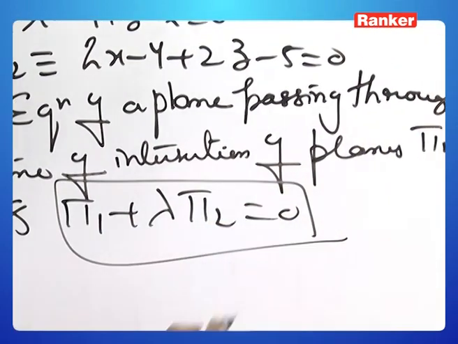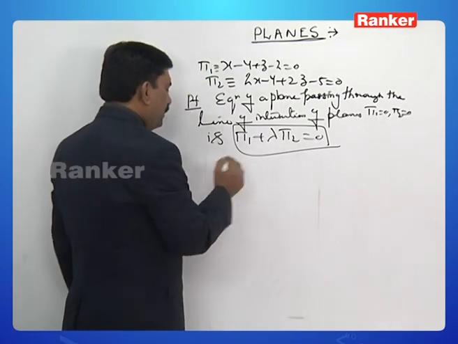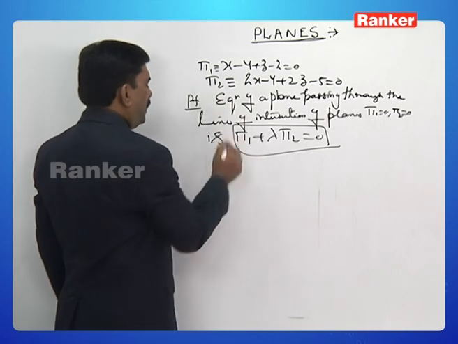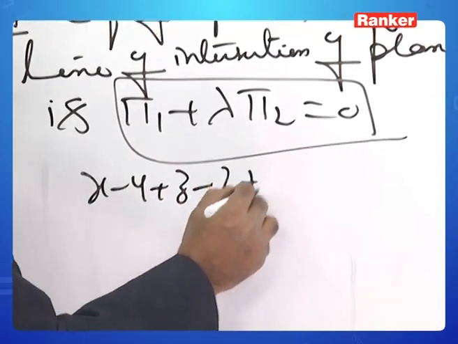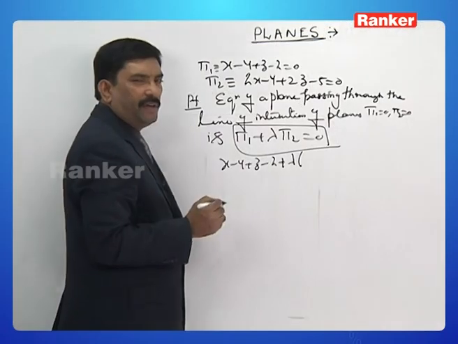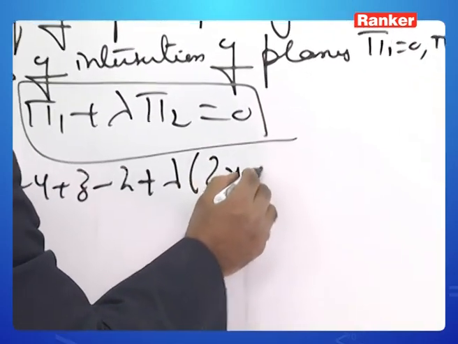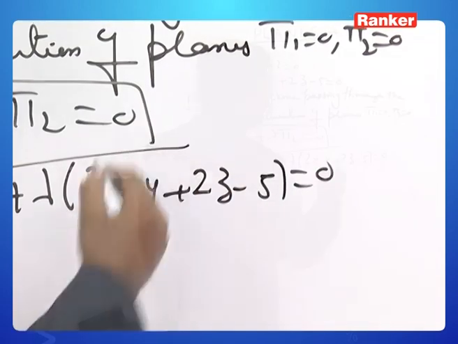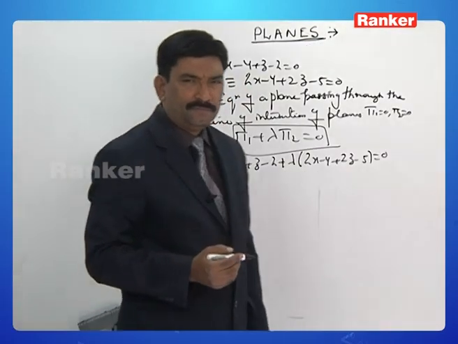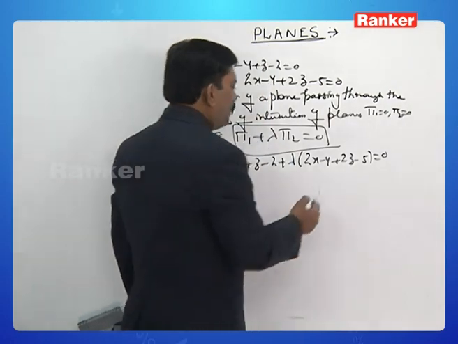You call this the required plane. And I'm supposed to find out what the plane is. x minus y plus z minus 2, plus lambda into 2x minus y plus 2z minus 5, is equal to 0. You call this as what?